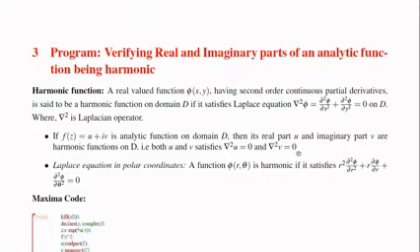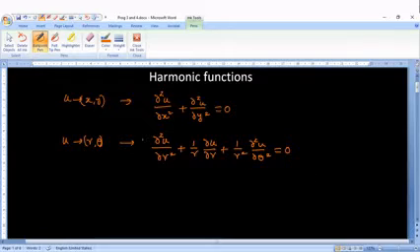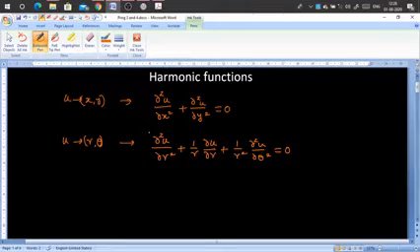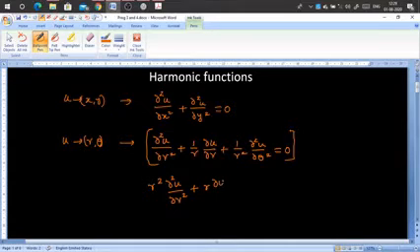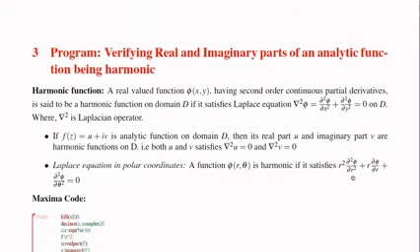So this is a second condition that is given here. As you can see here, if you multiply this equation by r square everywhere, then you are going to get r square dou square u by dou r square plus r dou u by dou r plus dou square u by dou theta square equal to 0, which is exactly this condition.